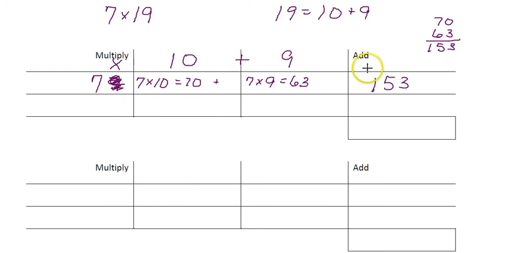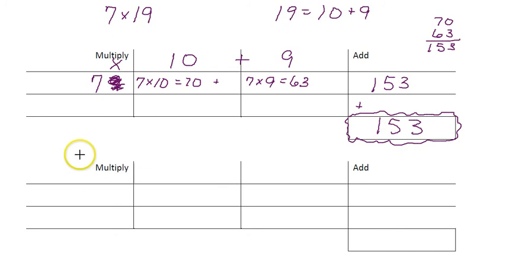Now it looks a little weird off by itself over here, but when we get into the 2 by 2, there's a reason why there's 2 here. We would end up adding whatever other number we'd get, and your final answer comes over here, and it's 153. So 7 times 19 equals 153.